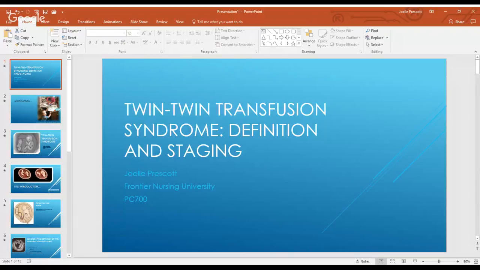These twins would both be identical, share the same placenta, and would have a possibly big weight discrepancy, which is also called a growth discordance between both donor and recipient.